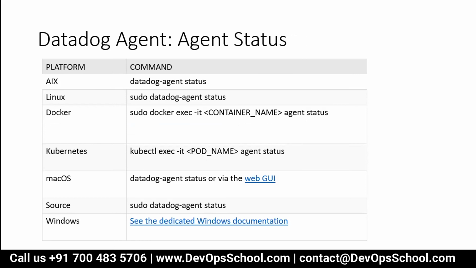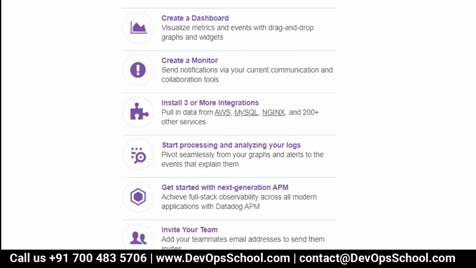Agent status and all. So by the end of this, you will have understood the high-level details of the agent. This agent is the most important part while working with Datadog, because whatever you enable, you get it in Datadog, and whatever you get, you can create a monitor on. Monitor means alerts on that.